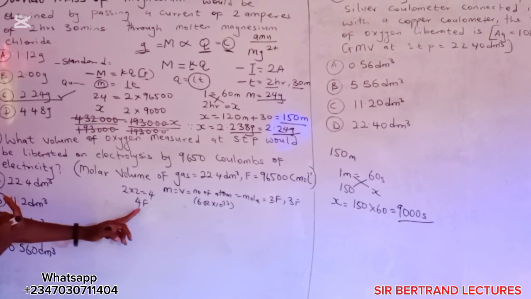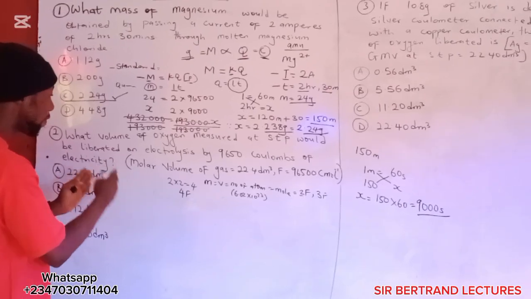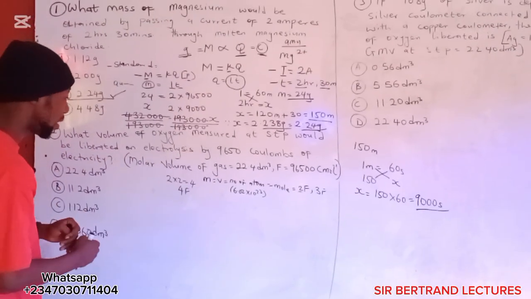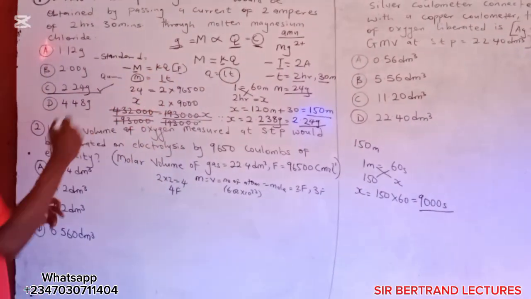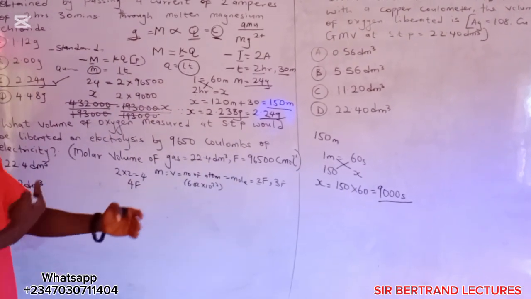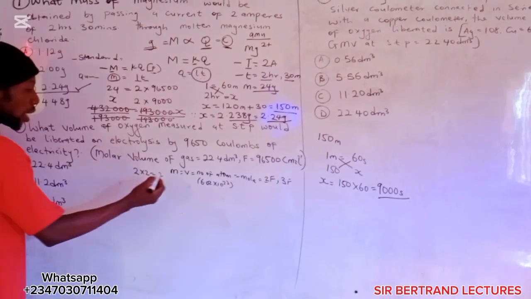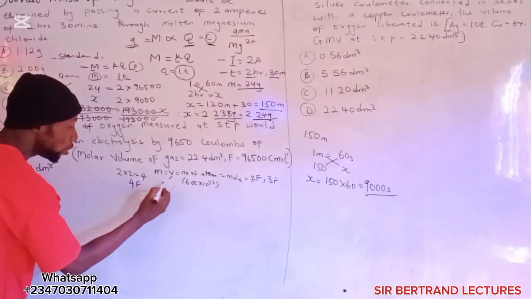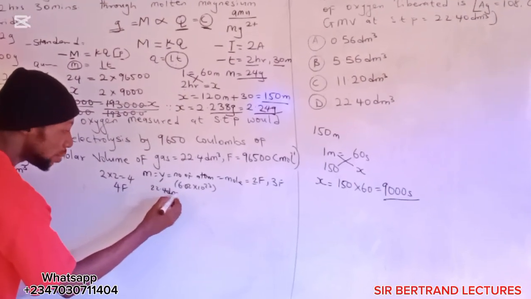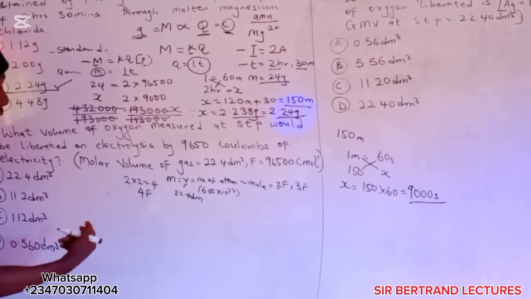And that 4 here will represent the 4 Faraday, because we are working with the volume and Faradays as related with the first law of Faraday, where mass is directly proportional to the quantity of charges passing through it. So here we are working with volume, and this volume is 22.4 dm cube for 1 mole of any substance.